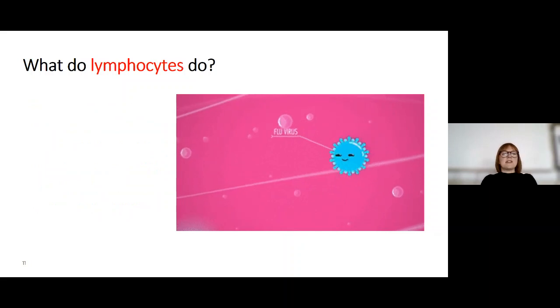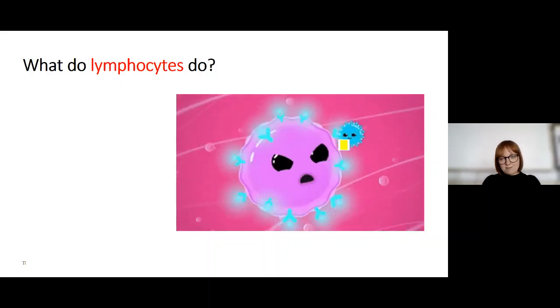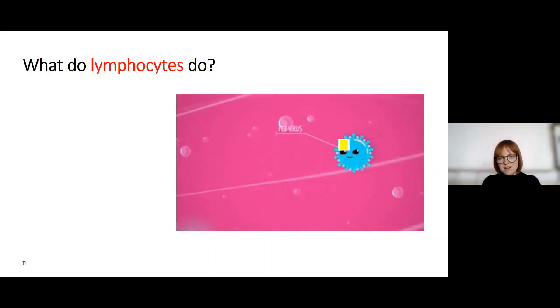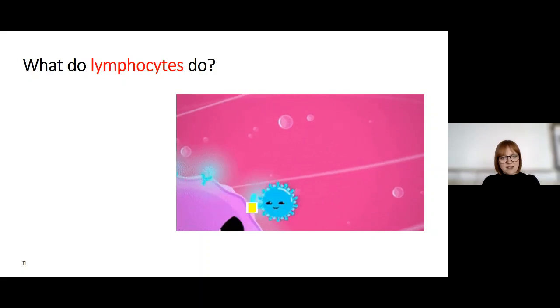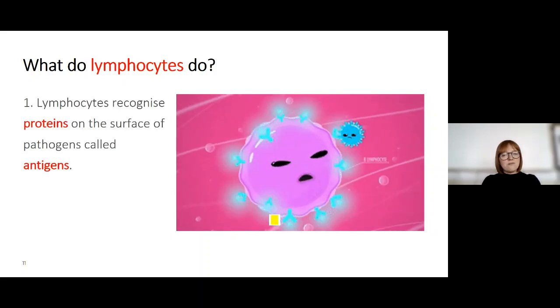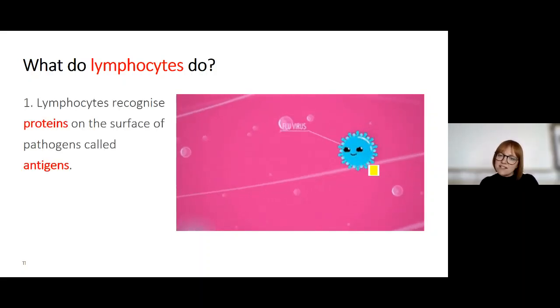Now, lymphocytes are slightly different. Lymphocytes have a very specific job. If I explain this animation here, I'm going to talk you through in steps. We've got a little flu virus here, and the flu virus, as you can see, is in the blood, and a lymphocyte starts to come along, and it recognizes these very special proteins that line the surface of the pathogen.